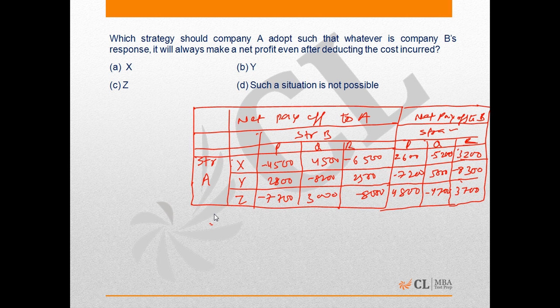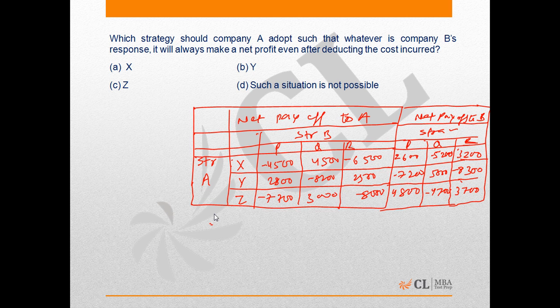Now let's take questions. The first question is asking which strategy Company A should adopt such that whatever Company B's strategy, it will always make a net profit even after deducting the costs incurred. If we look at the table, we can say that there is a strategy with B, no matter what strategy A adopts, to gain.